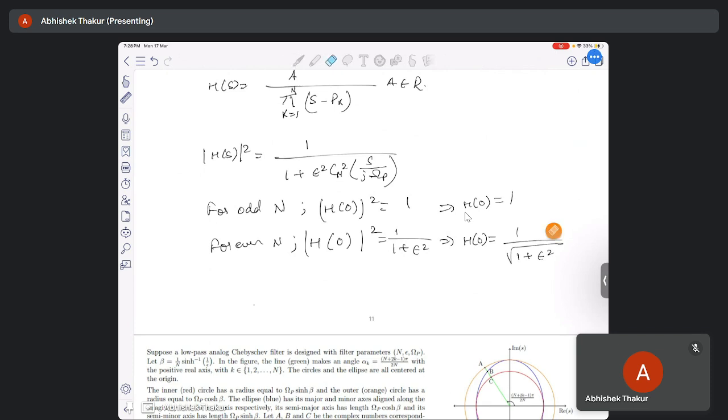So A will be the product over i equal to 1 to n of Pi for n odd, and the product over i equal to 1 to n of Pi divided by square root of 1 plus epsilon squared for n even.